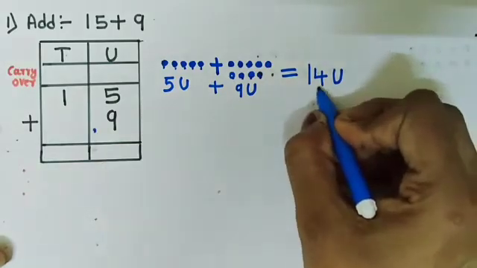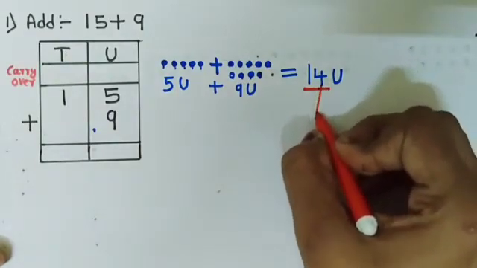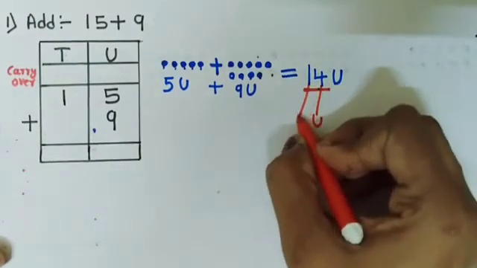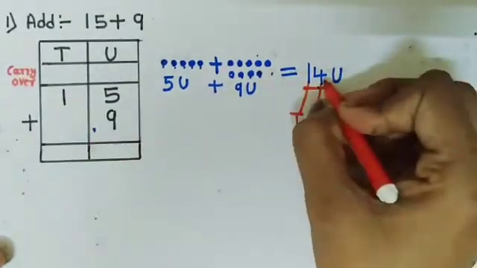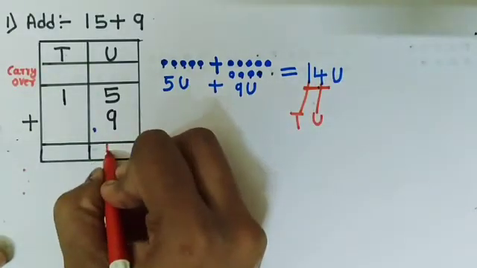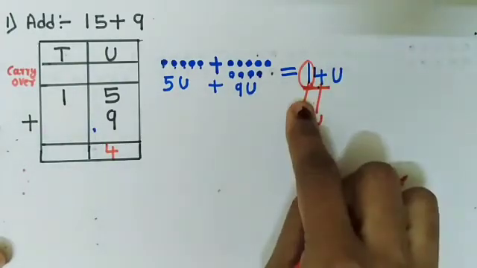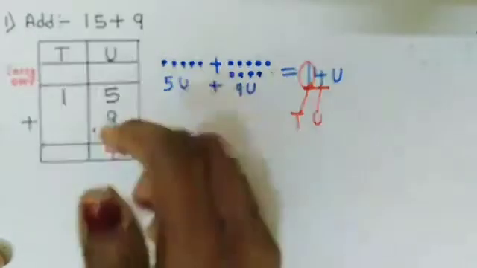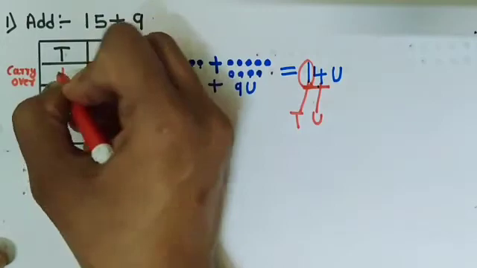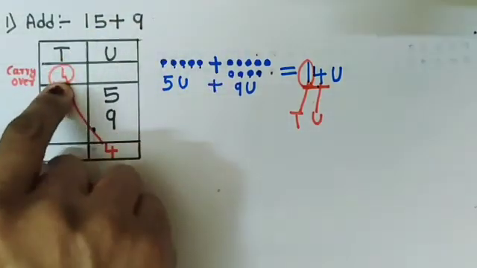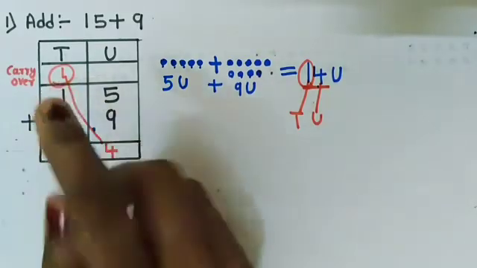So we will understand in this number 14, we have 4 at the unit place and 1 at the tens place. So we will write accordingly 4 at the unit place and 1 we will take as a carryover here on the tens column because it becomes 1 ten.